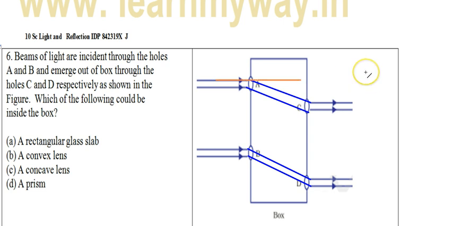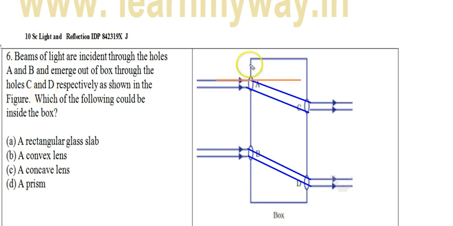So this ray here is making an angle of 90 degrees with the normal. But once it enters the glass, it is moving towards the normal.